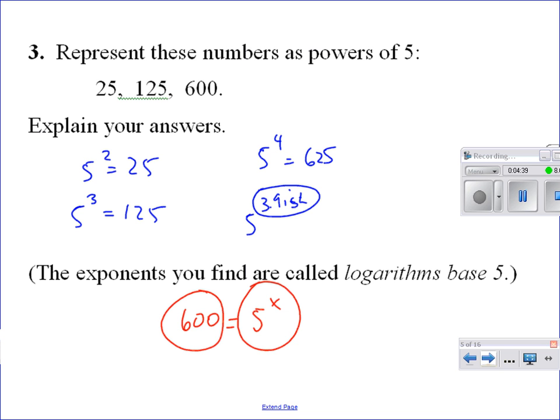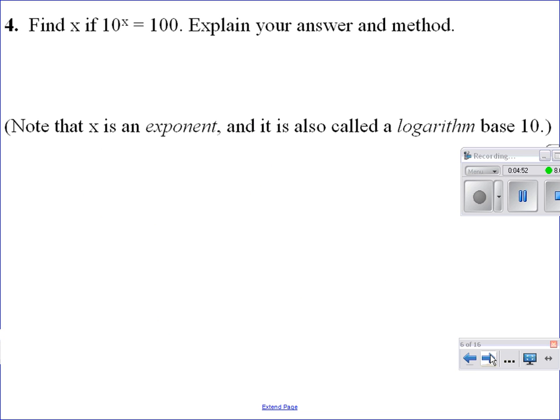Now, there's got to be a better way, Mr. Roderick. Yes, that's our logarithms. We're going to use logarithms to be able to express this a little bit easier and quicker. So basically, if 10 to the x equals 100, let's do a quick algebraic way of solving this. 10 to the x equals 100.